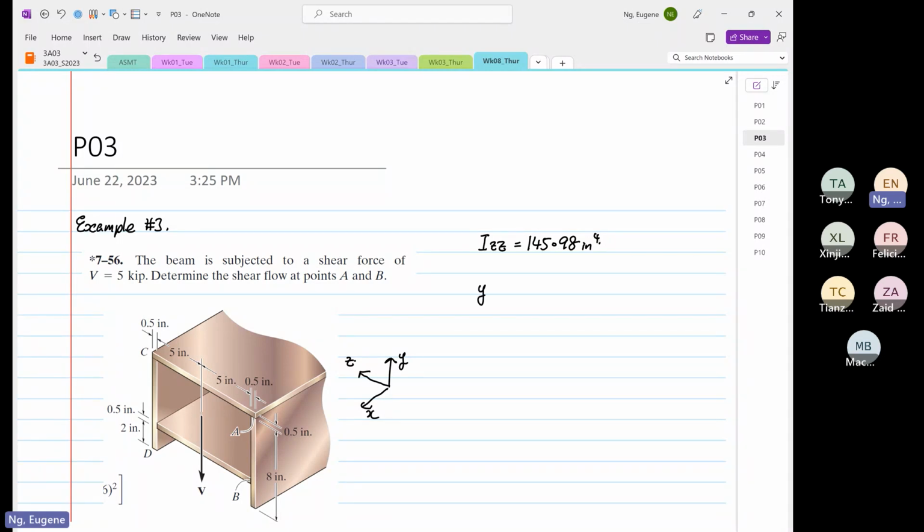And Y bar, the global centroid, okay, Y bar is equal to 3.70946 inches from the top.